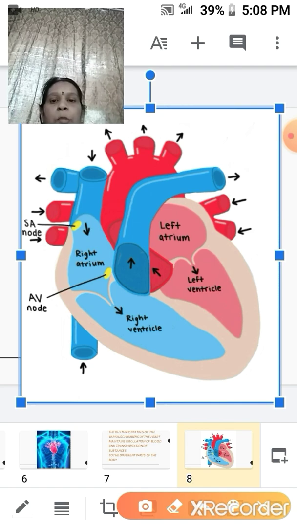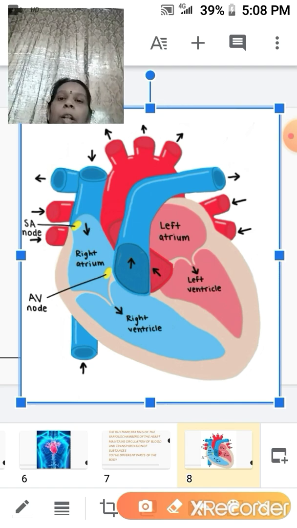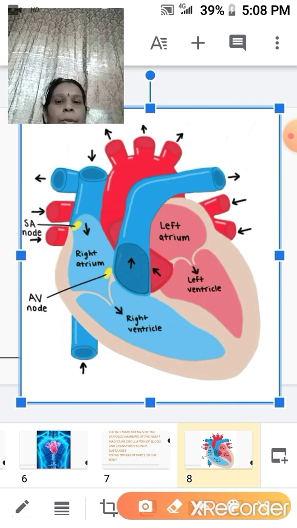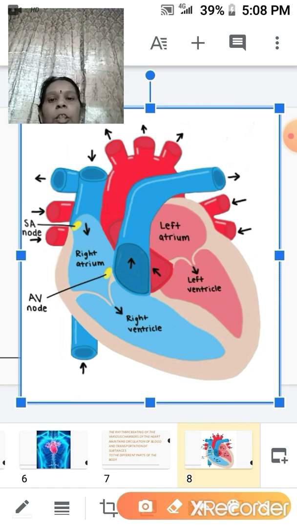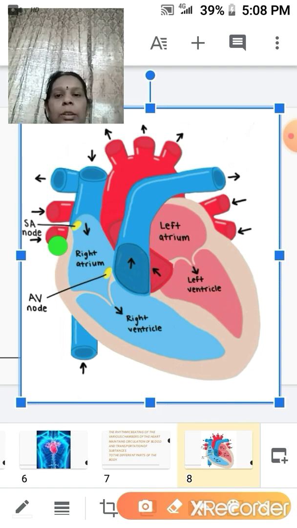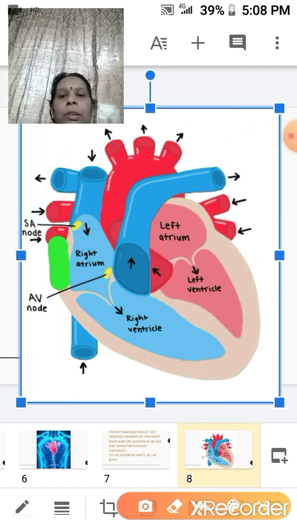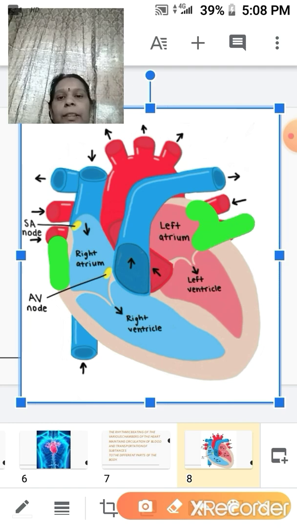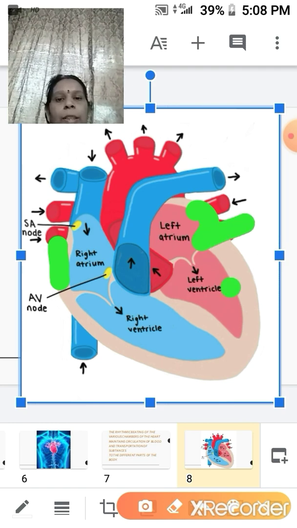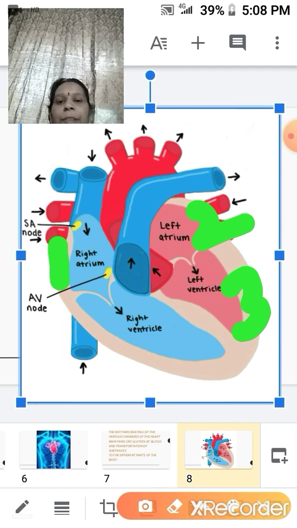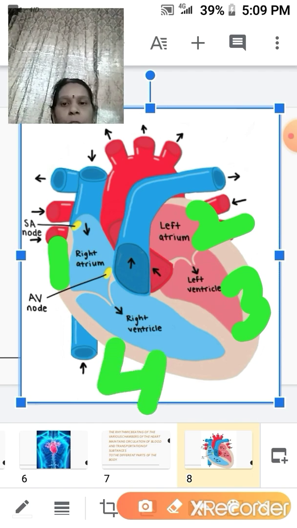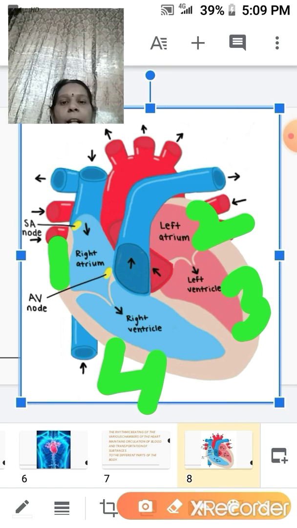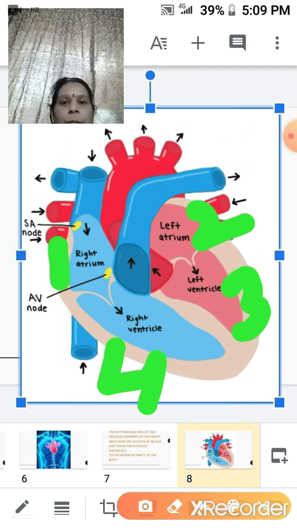We have got four chambers, two atriums at the top and two ventricles at the bottom. Here you can see the right atrium, this is the second, the left atrium, this is the third, the left ventricle, and this is the fourth, the right ventricle. This is how our heart is divided into four chambers.